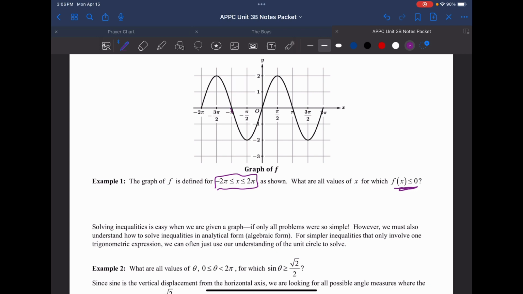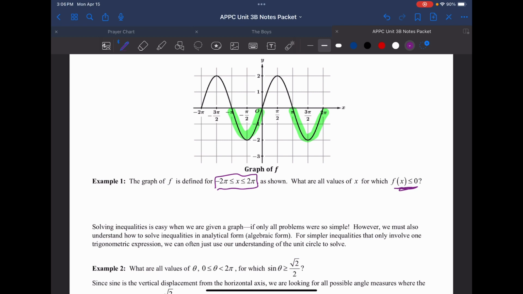So we can see, let me highlight the portions that are below 0. It's basically just the negative values of my function. So from here to here and here to here. So let me see exactly how they want that stated, just to make sure I'm staying consistent with how you'll see it in your answer key packets as well as the AP test.